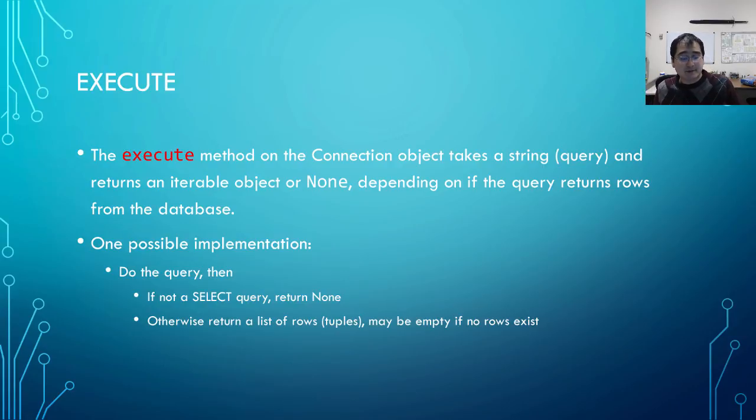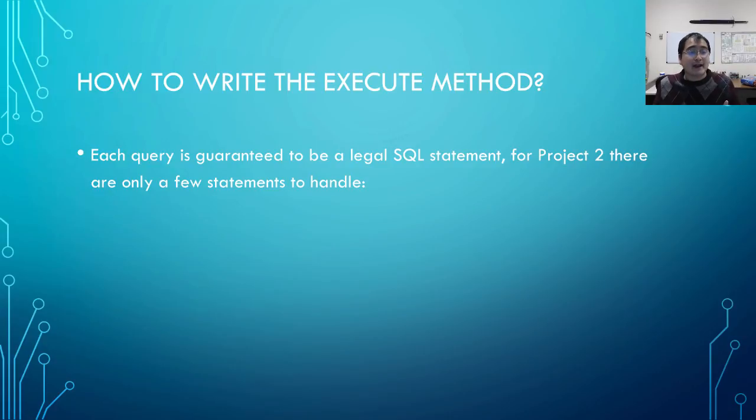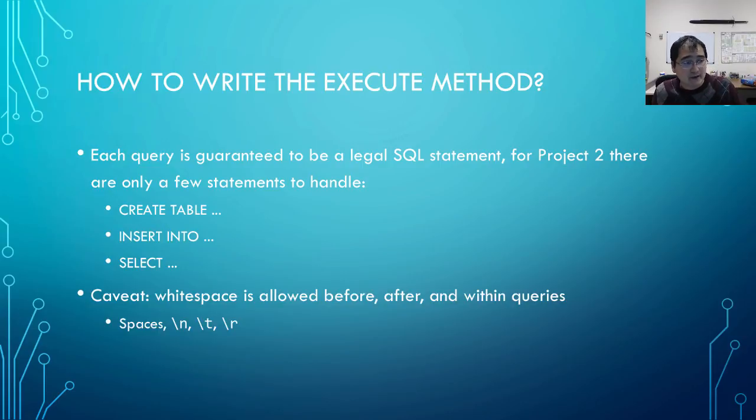So how do you go about writing the execute method? Well, we promised that the string provided to the execute method is always a legal SQL statement. And for project 2, there are only a few different statements you need to bother with: the create table statement, the insert into statement, and the select statement. Okay.